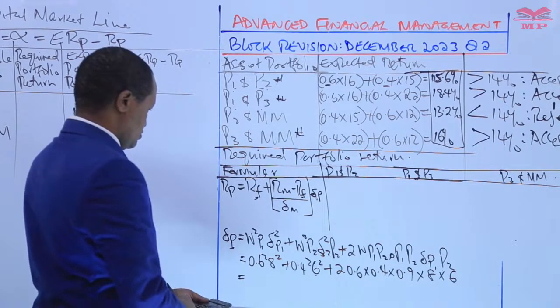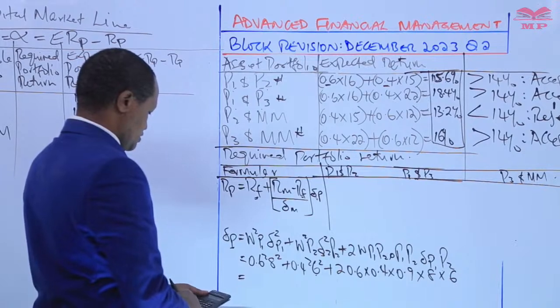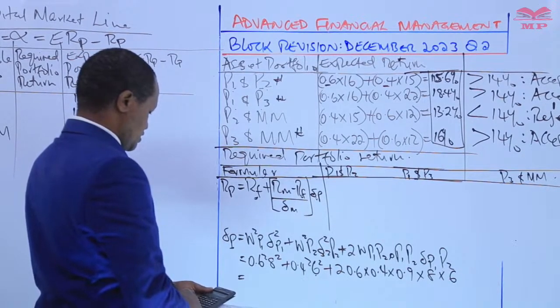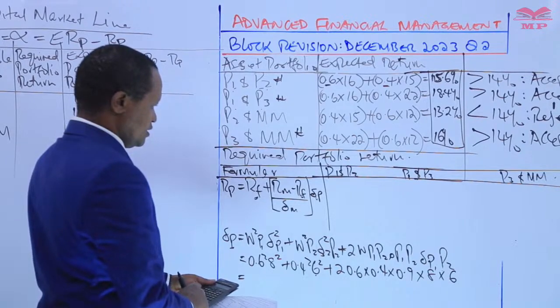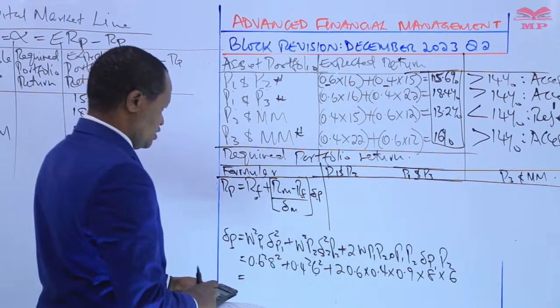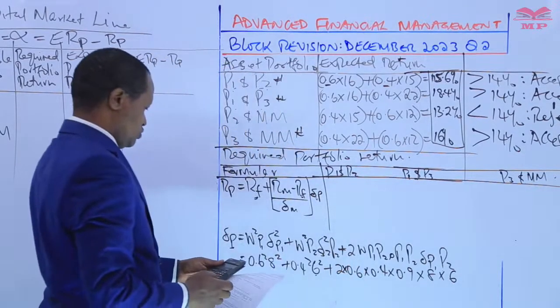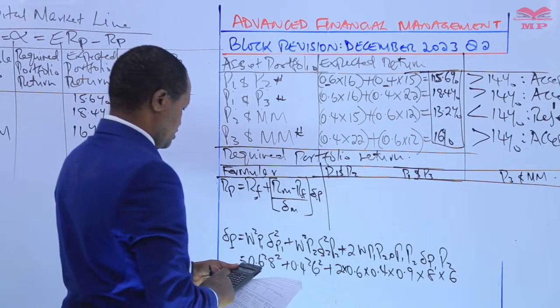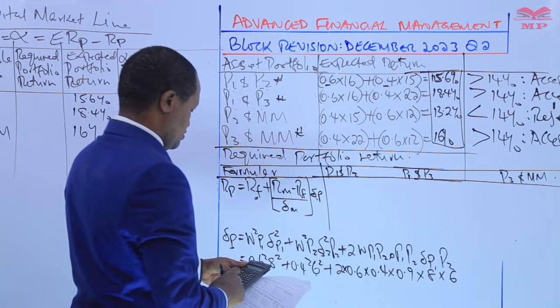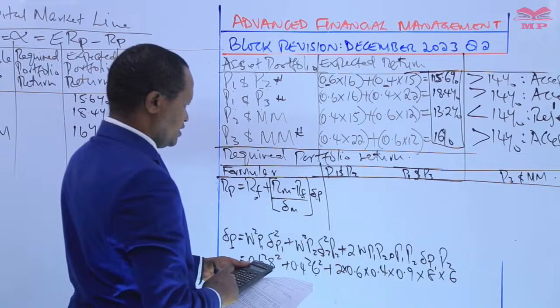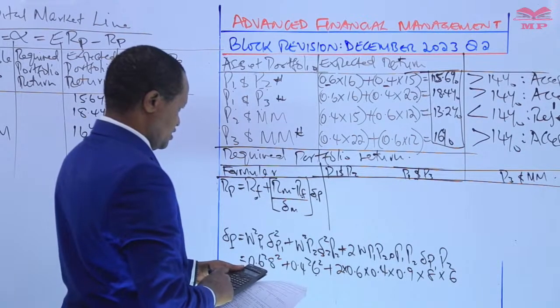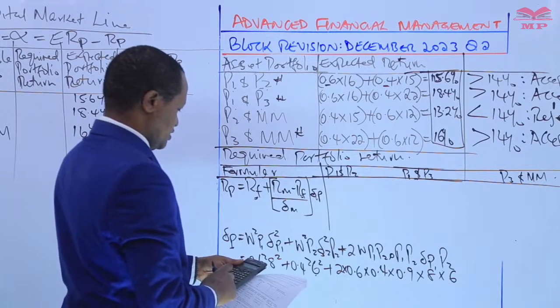This should be equal to 0.6 squared times 8 squared plus 0.4 squared times 6 squared plus 2 times 0.6 times 0.4 times 0.9 times 8 times 6.